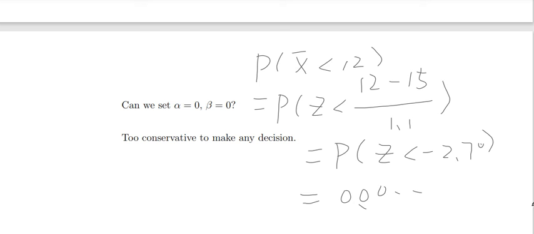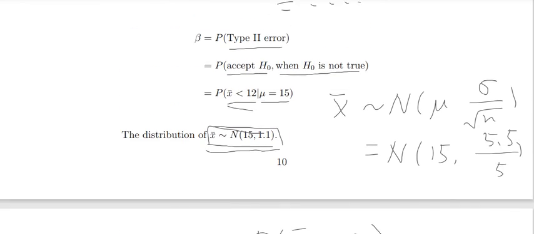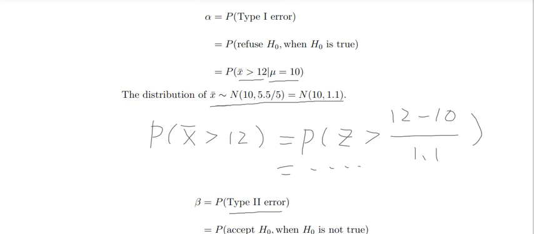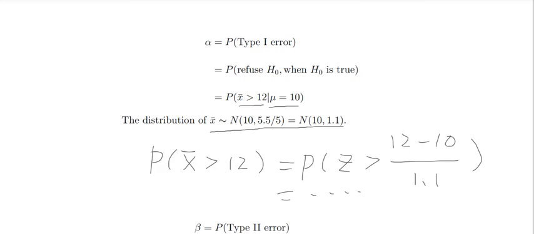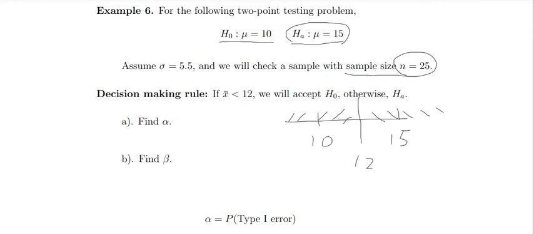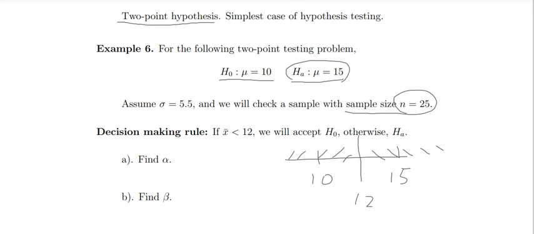So in this example, we can find alpha is small and beta is also small. This means that using this decision making rule, we almost will not make any mistake.